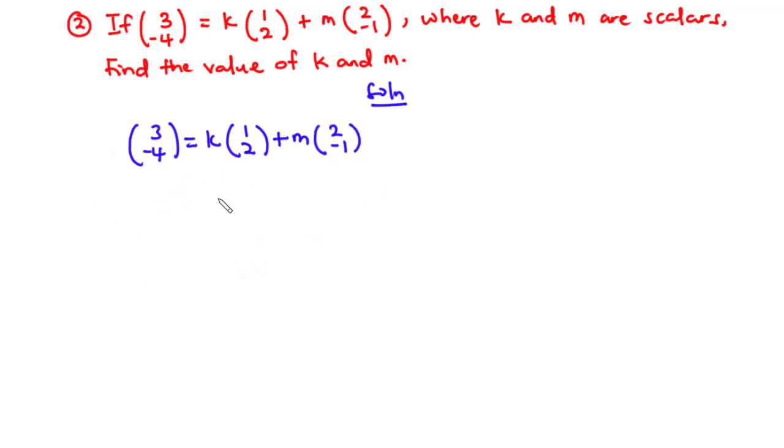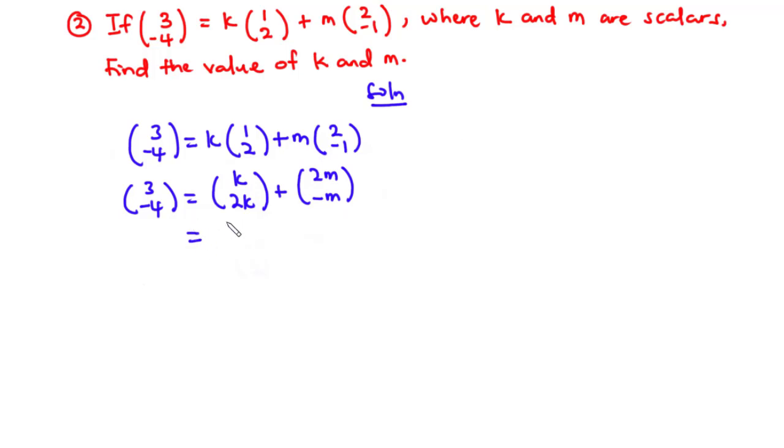Now let's simplify this. We are going to multiply the scalars by the vectors. So we have (3, negative 4) equals k times 1 is k, k times 2 is 2k, plus 2 times m is 2m, m times negative 1 is negative m.